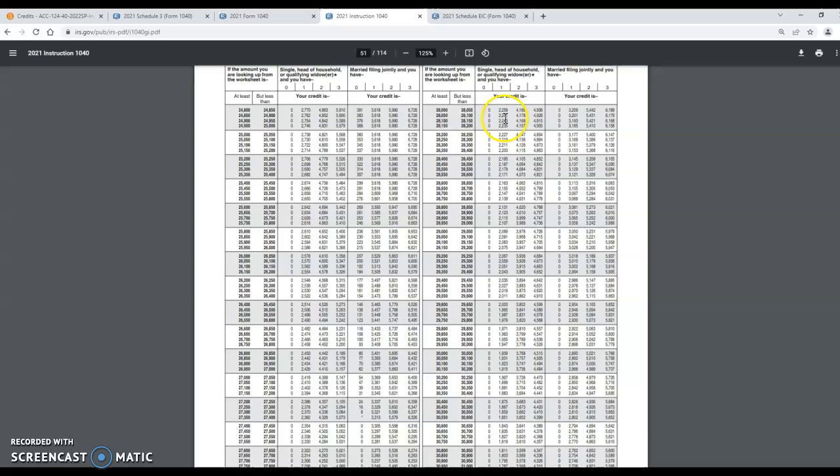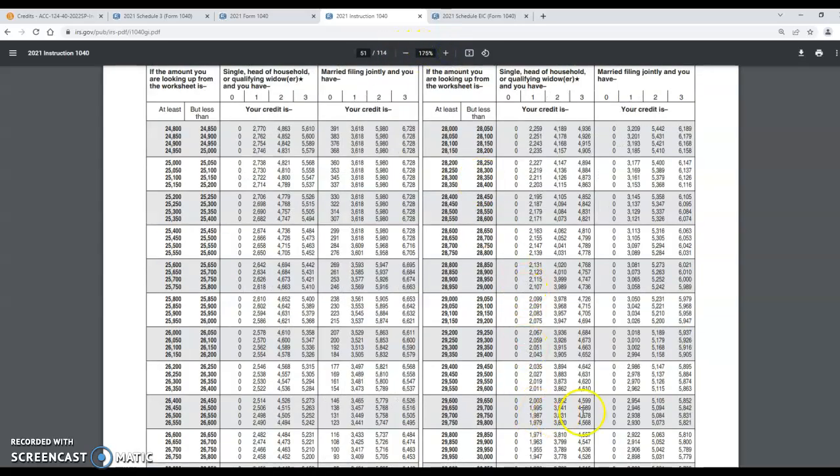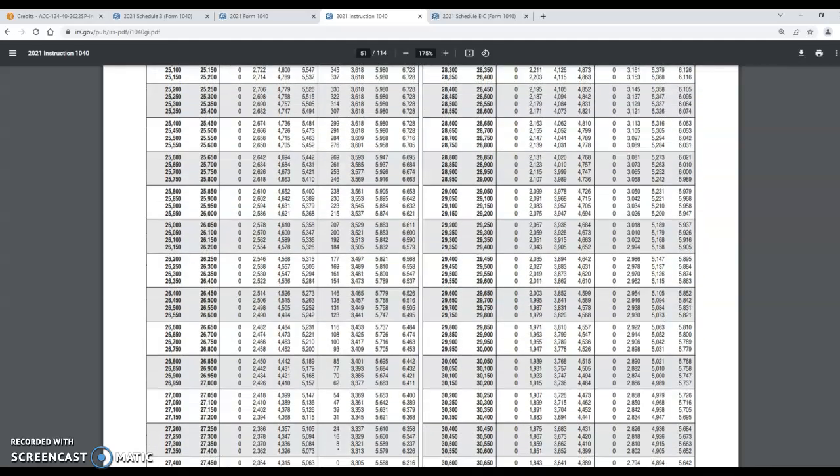So we're going to go down this column here till we get to the 30,000 row, which is right here. That's $1,939.